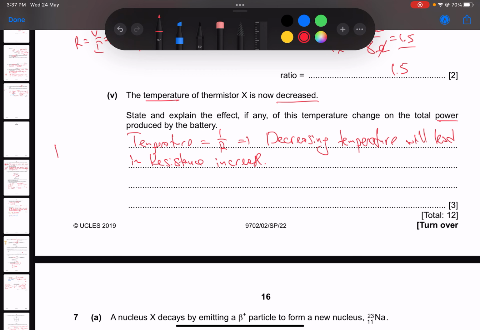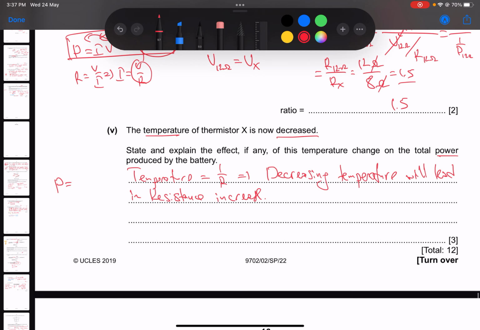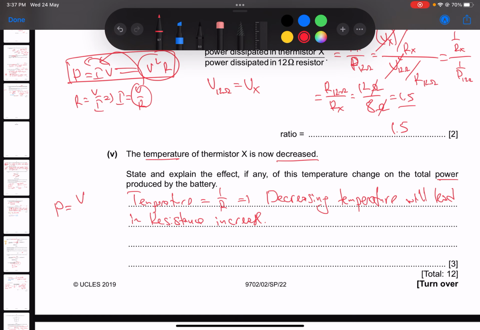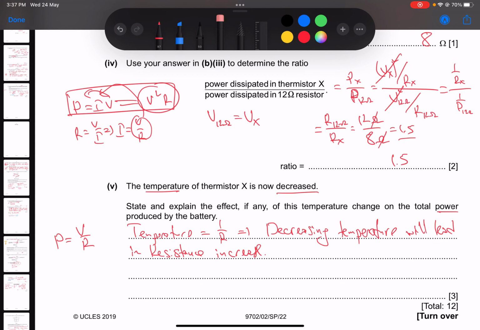Now, power equals V over R, right? The formula we had, VIP, from there. Guys, wait, it should be over here.